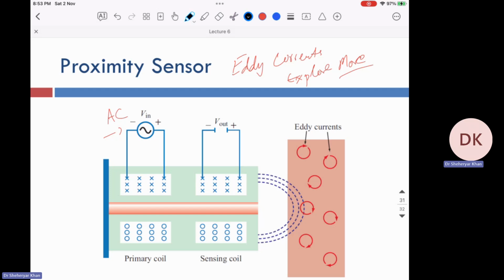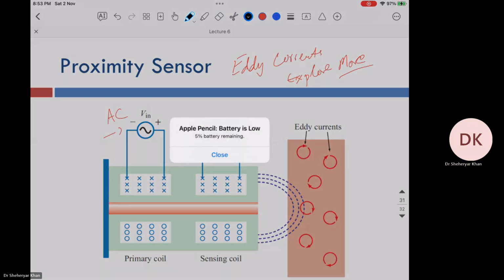Because it's an AC, the change in magnetic field will produce a current in the iron piece. Therefore, if the voltage decreases, let's say the voltage changes when the piece is near. Then finally, what we do, since we learn for the metals, is use the eddy current.